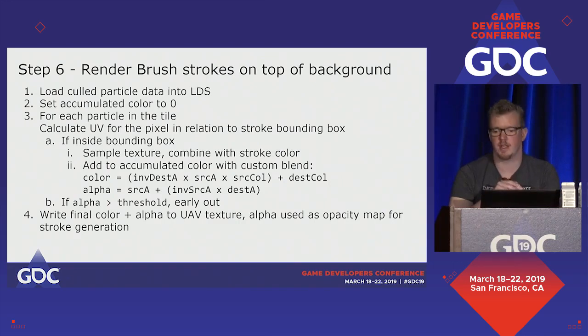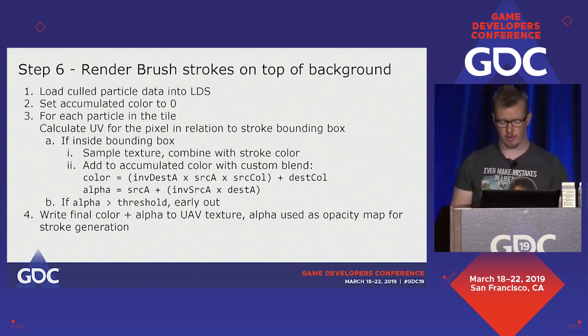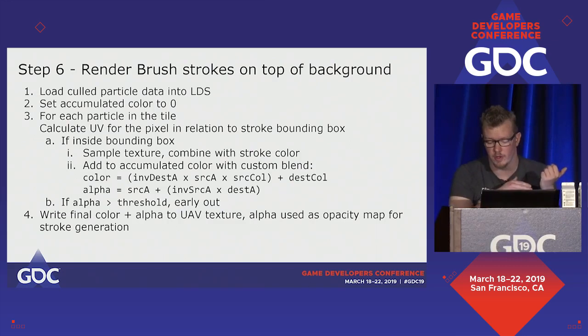So the render kernel is what is really most different from Garrett's approach. It starts by loading all the stroke data into LDS, so it's faster to retrieve. We then set the accumulated color to 0, and each thread takes care of 1 pixel.